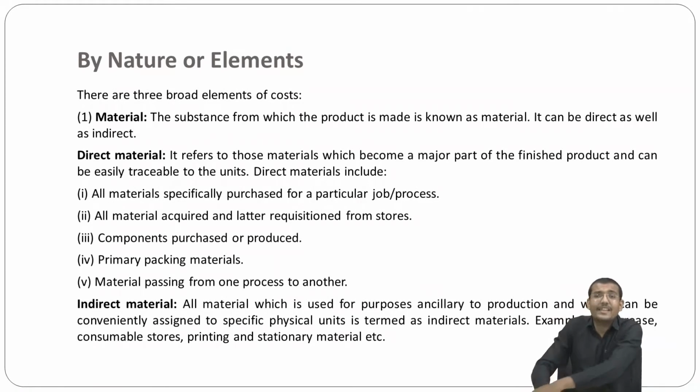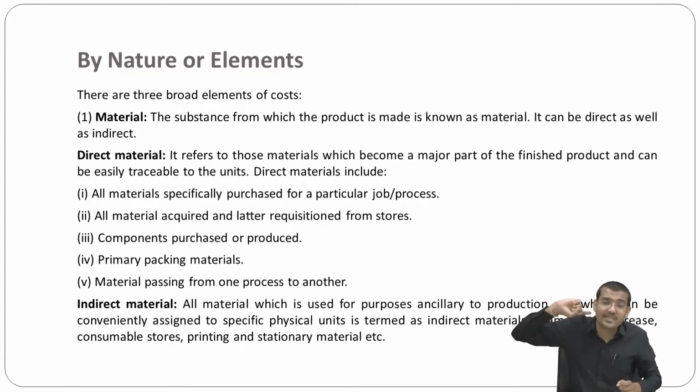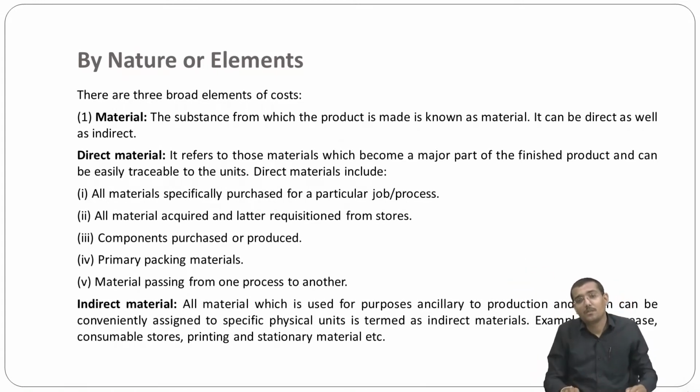These are required in an indirect way, not a direct way. If you want to produce something, the raw material is important, so this is called direct material. But for that, stationery is required to record the material, which is treated as indirect material. So by nature or element, in material there are two types: direct material and indirect material.